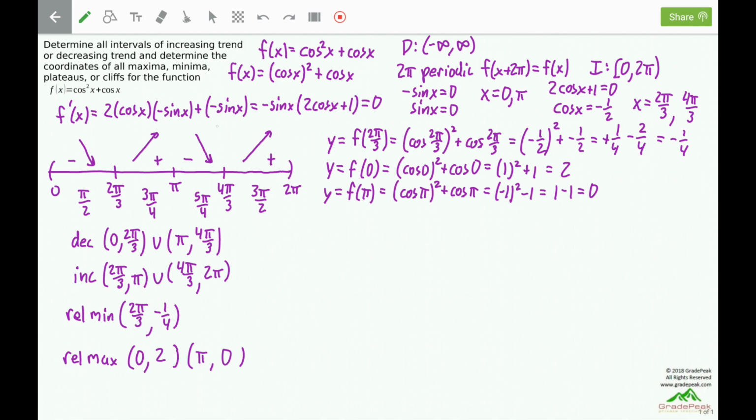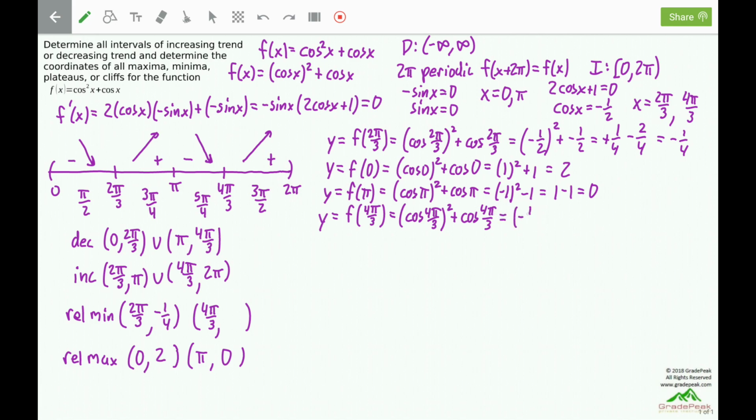And then last of all, we have, right at the critical number of 4 pi over 3, a trend changing from decreasing to increasing, so it also will be a relative min. It has a corresponding y-coordinate which can be found by plugging the 4 pi over 3 in to the original function, which will be cosine of 4 pi over 3 squared plus cosine of 4 pi over 3. 4 pi over 3 is in the third quadrant and is a pi over 3 equivalent, and cosine is negative in the third quadrant.